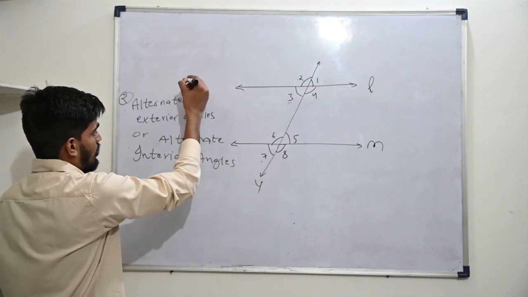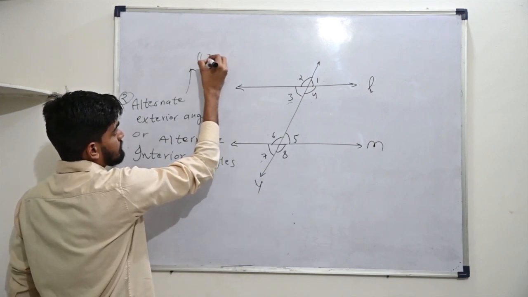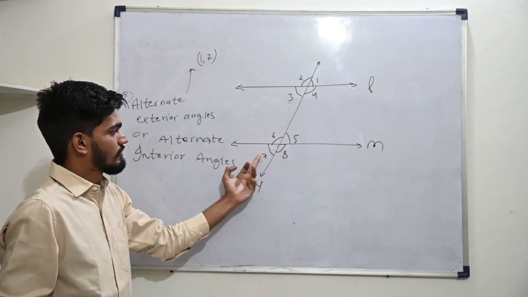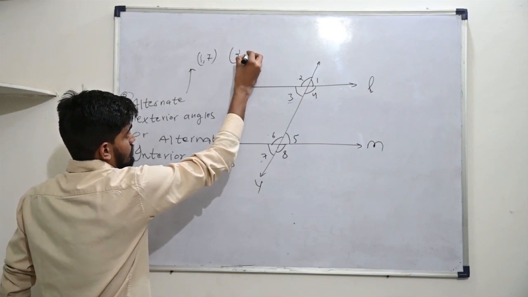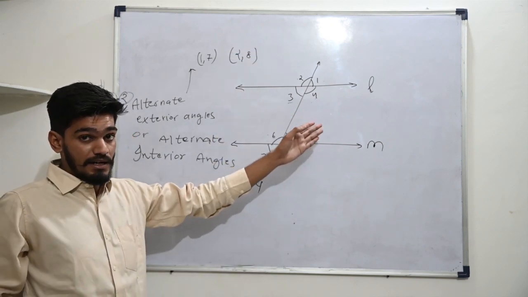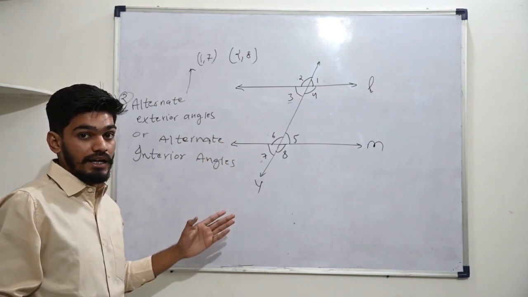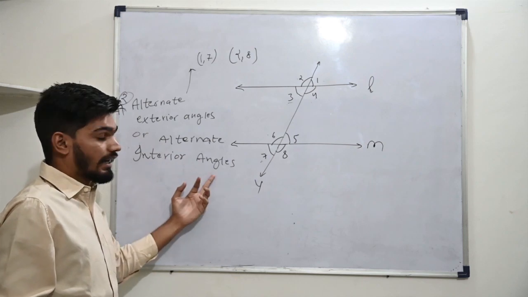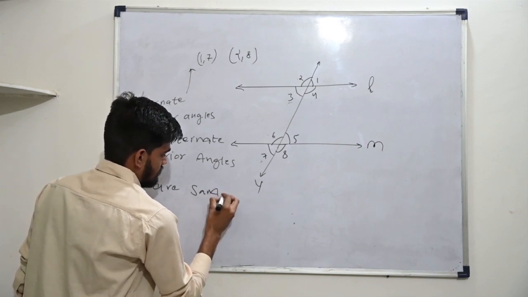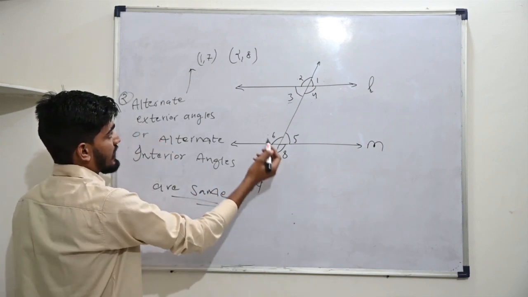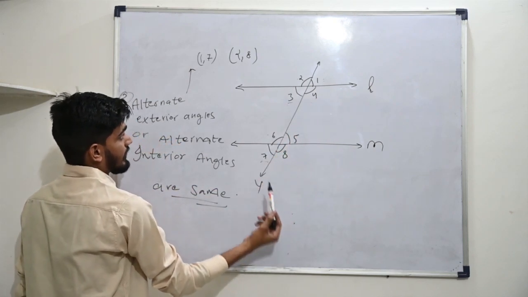So when we talk about alternate exterior angles, we have a pair of angle 1 and 7 as well as angle 2 and 8. And when the lines are parallel and there is a transversal line, then alternate exterior angles and alternate interior angles are same. So here we can say angle 1 is equals to angle 7, angle 2 is equals to angle 8.